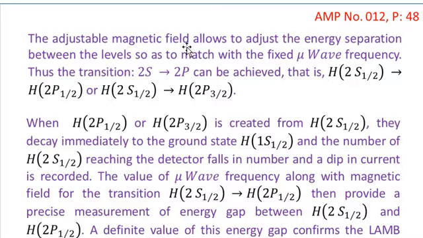The adjustable magnetic field allows us to adjust the energy separation between the levels so as to match the fixed microwave frequency. Thus, the transition from 2s to 2p can be achieved, that is either from H 2s1/2 to H 2p1/2, or from H 2s1/2 to H 2p3/2. So one of these has to be achieved.